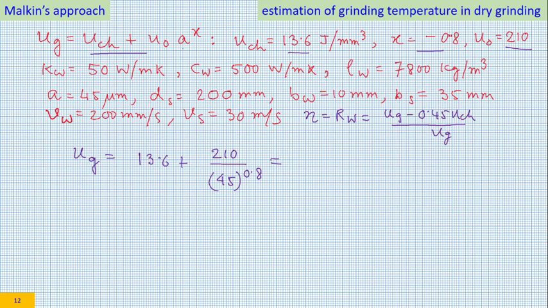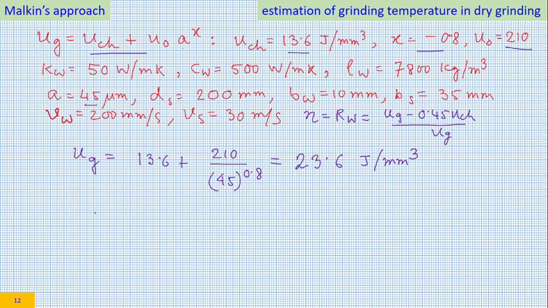So this is coming out to be roughly 23.6 joule per millimeter cube, for A equal to this much.